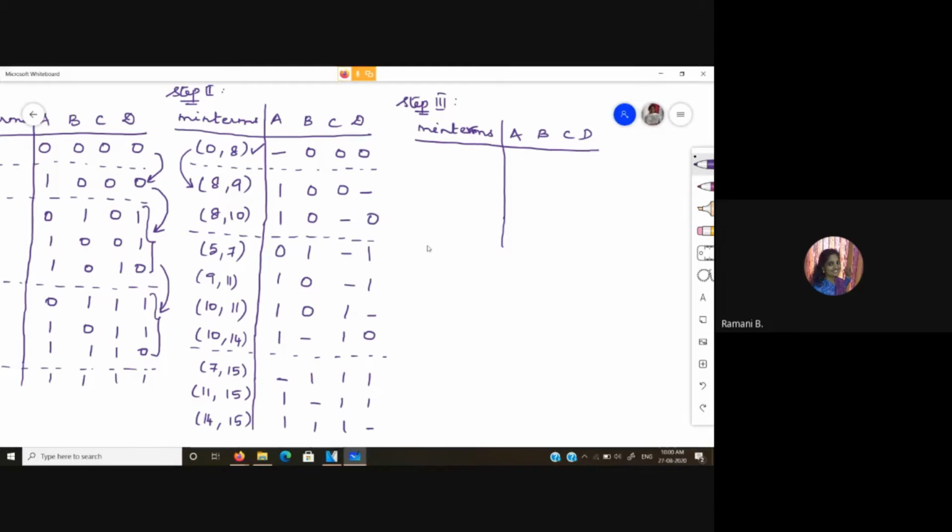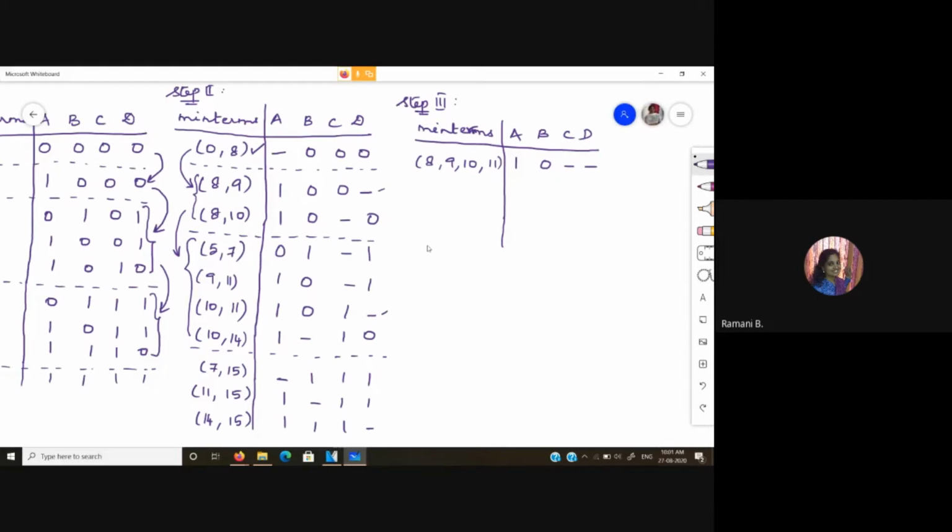Next, comparing 8, 9 and 8, 10 with these 4 terms. 8, 9 has a dash in the position of D, so that can be compared only with 10, 11. Comparing, you can see that only the C position value changes. So 8, 9, 10 and 11 gives 1, 0, dash, dash.